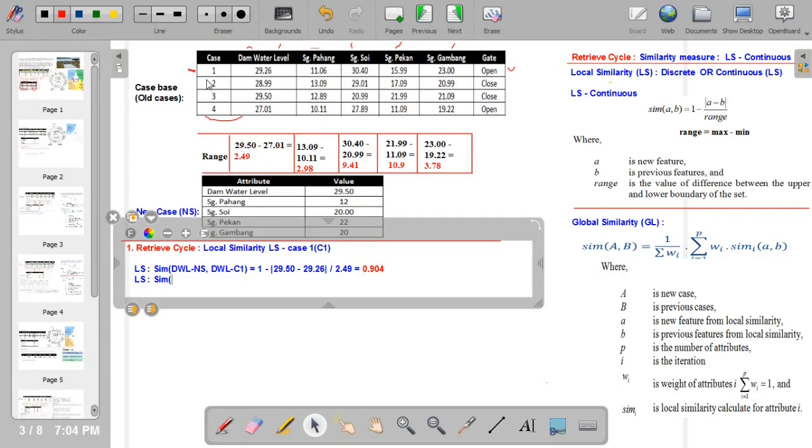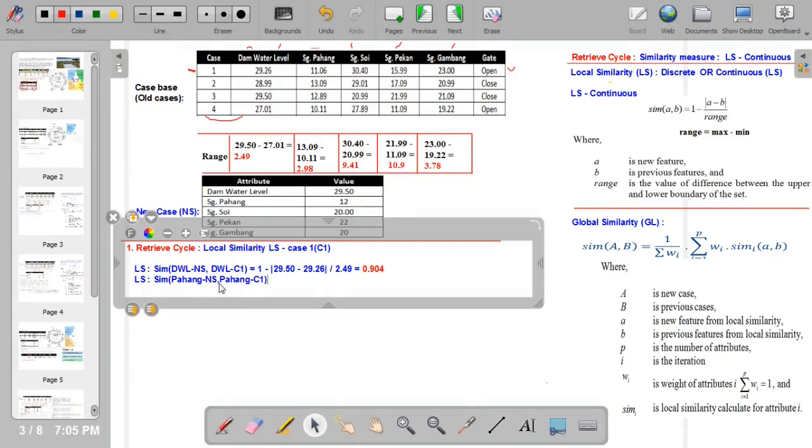So I'm going to write here the Bahang attribute value of the new case, NS for example, and the Bahang attribute value of case 1, C1, right? Case 1.